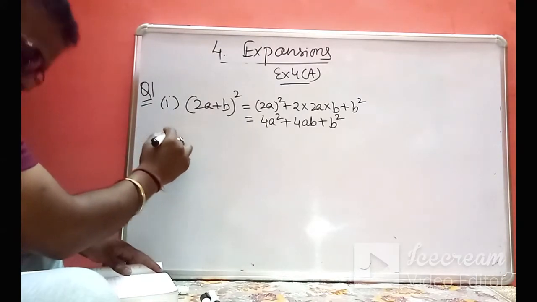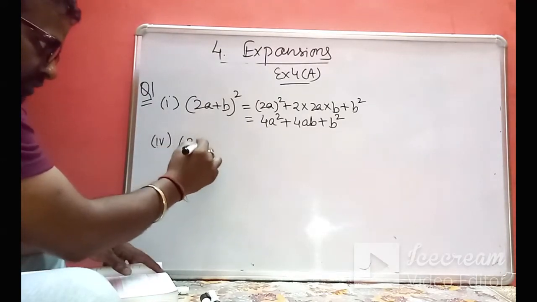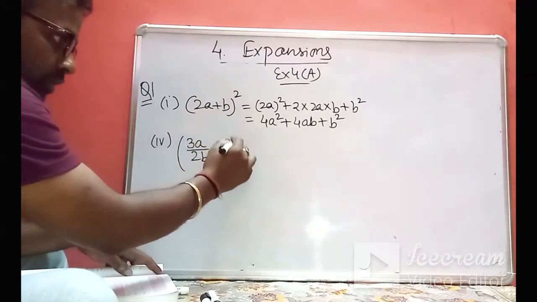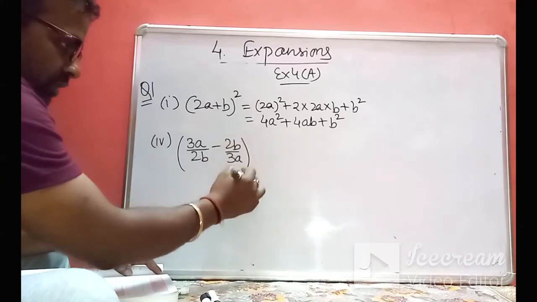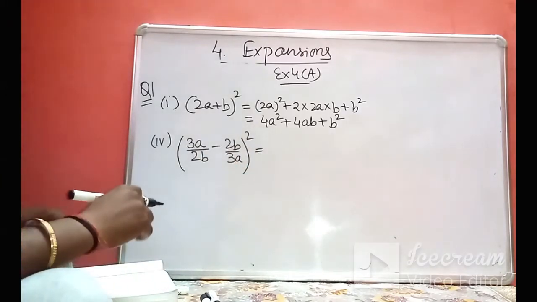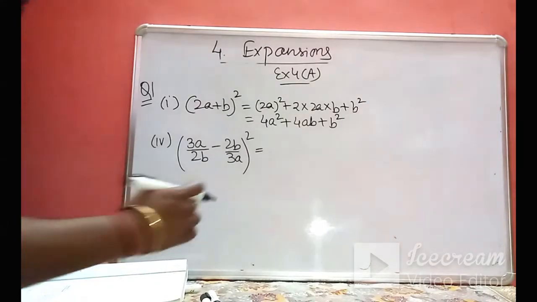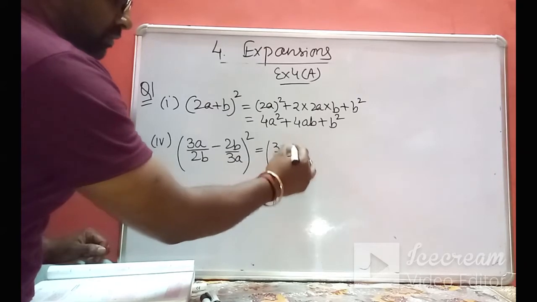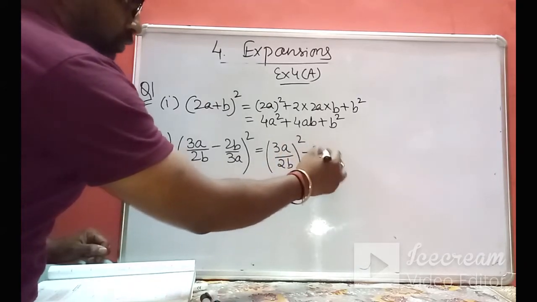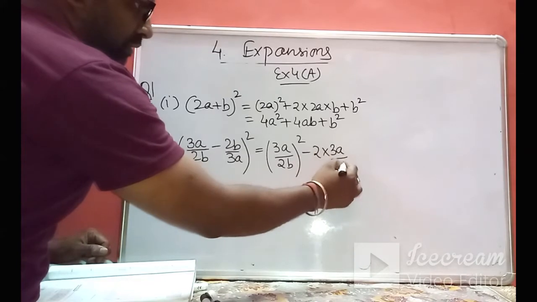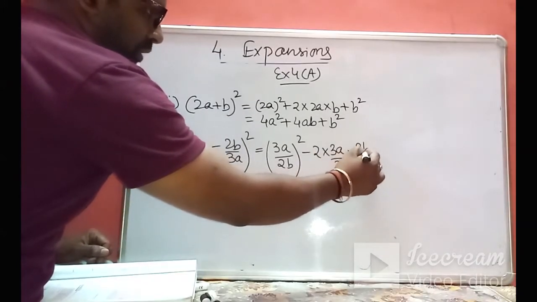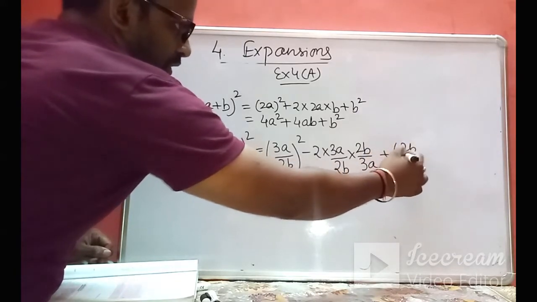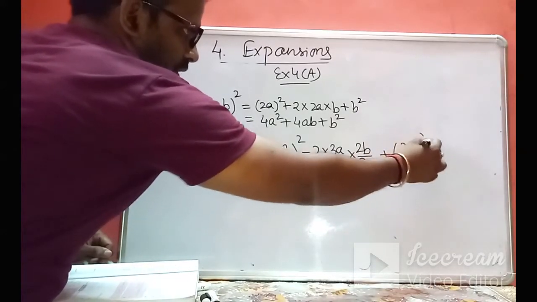Then suppose it is like this: 3a upon 2b minus 2b upon 3a, and we have to find the square of this. So what we will do: a square, minus 2 into what is our a, 3a upon 2b, what is our b, 2b upon 3a, plus b square, (2b upon 3a) whole square.